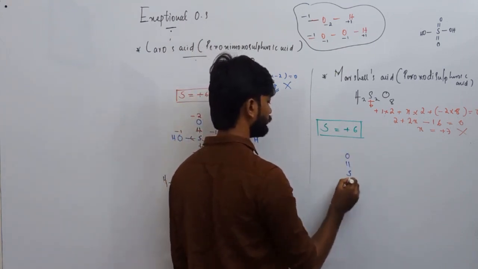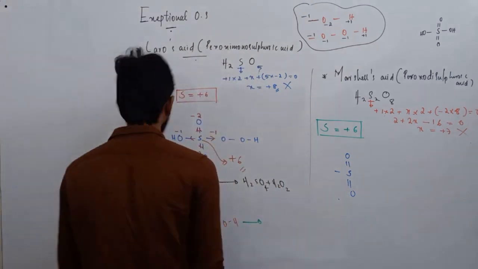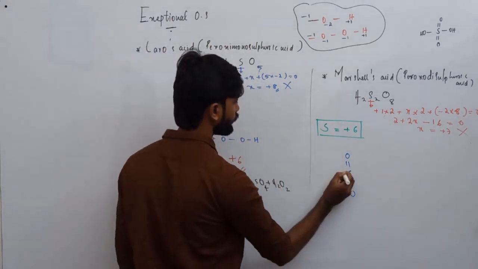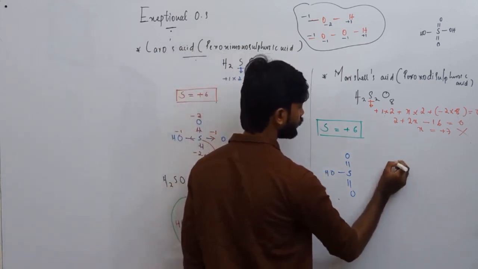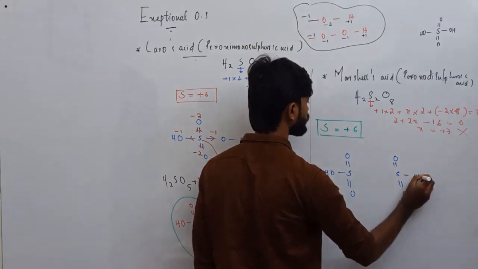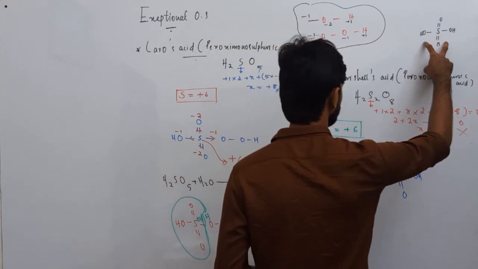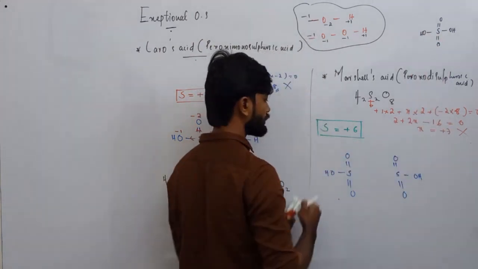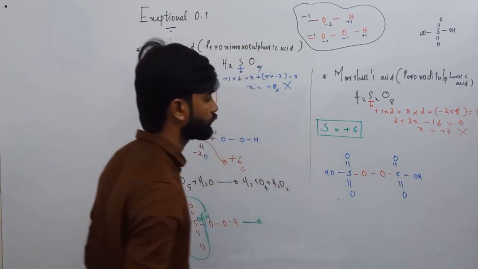S double bond O, double bond O. This is one sulfuric acid. This is another sulfuric acid, right? And these two sulfuric acids are connected by a peroxide linkage.